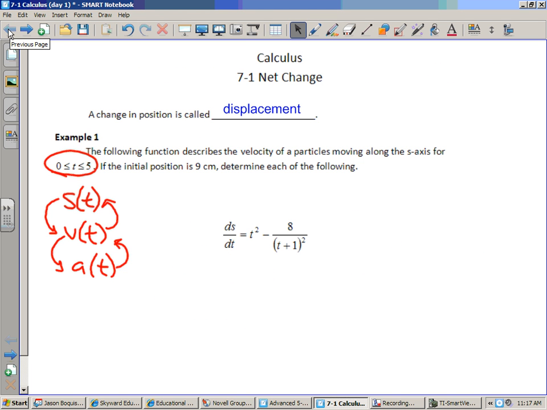Which one of these actually tells you position? Is it S of t, V of t, or A of t? Which one do we have right now? We have V of t. So if I want to get to position, because this is velocity, because it's the change in position with respect to time, which means it's that one. I want position, which means I have to take the antiderivative.